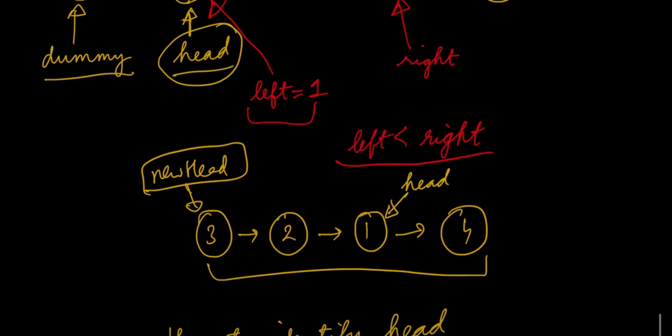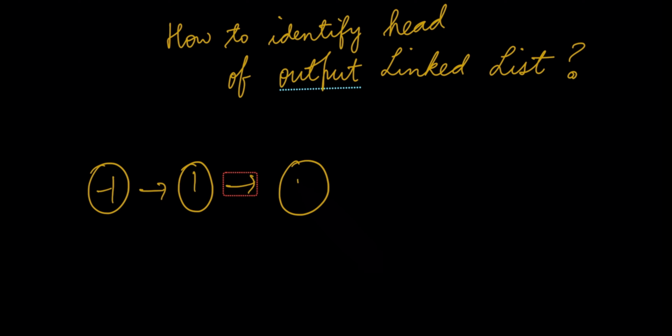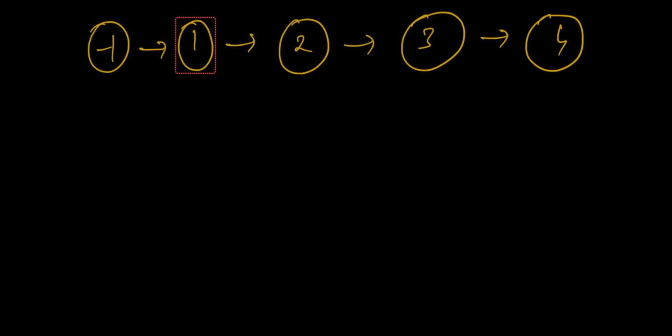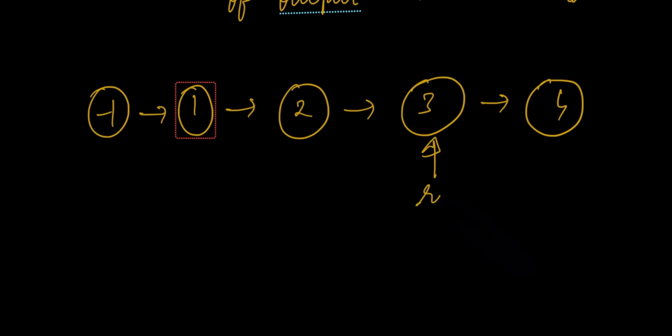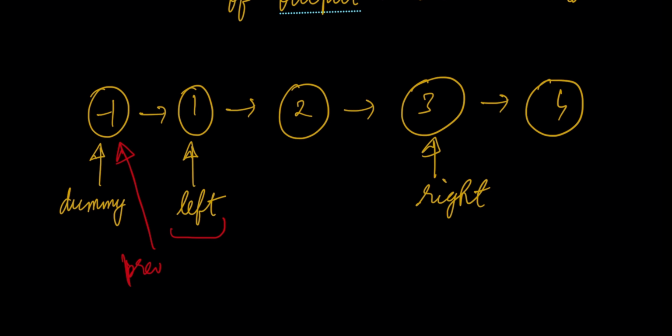So in this example, let's draw it again. So we have -1, 1, 2, 3 and 4. Our right is equal to 3, our left is equal to 1, our dummy is node -1. So here, since left is this, the previous would be equal to dummy node, and next would be our node 4.